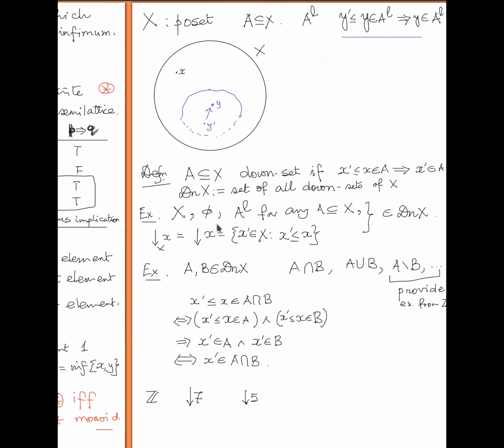So you can see there are several instances of this. These examples tell us that there are at least as many downsets of a poset as there are members of X, right? So is your doubt now cleared?